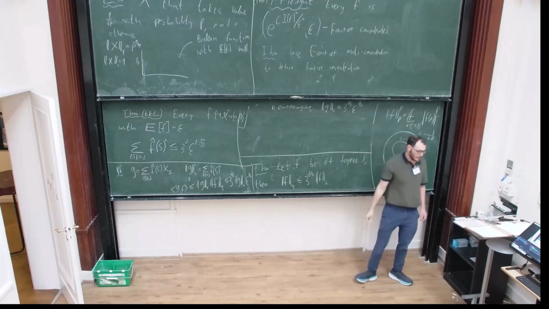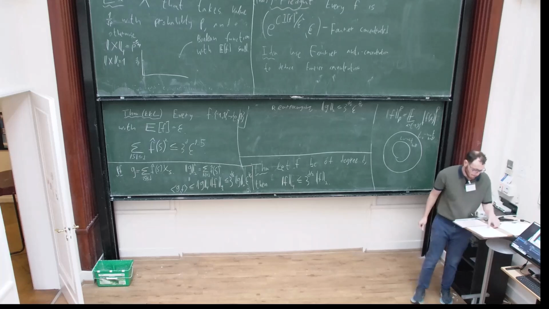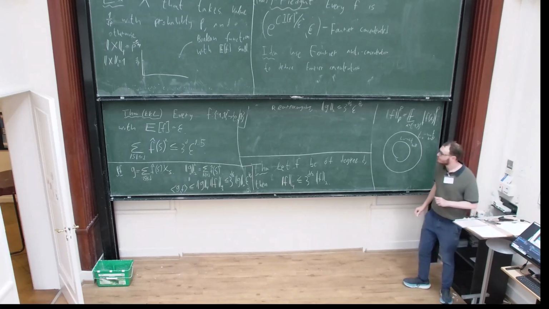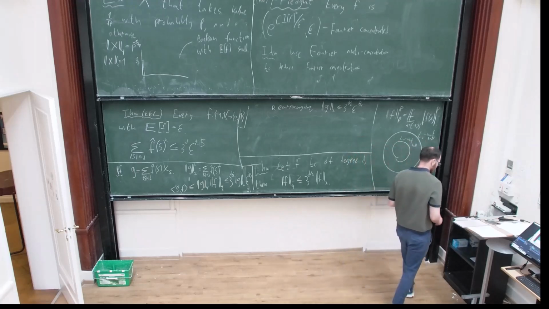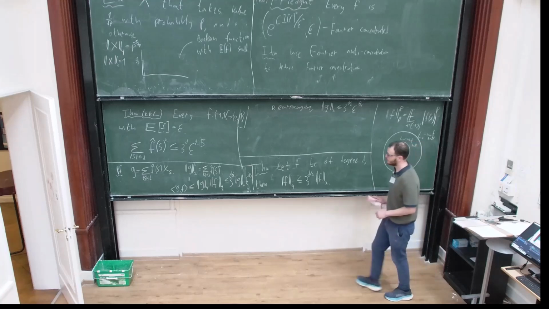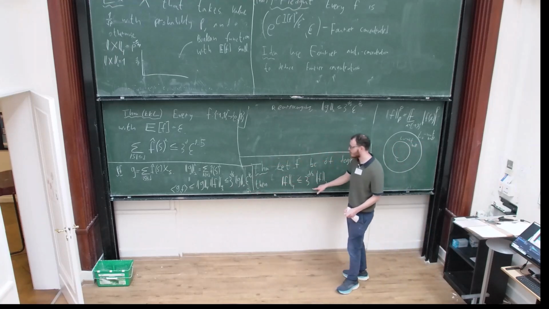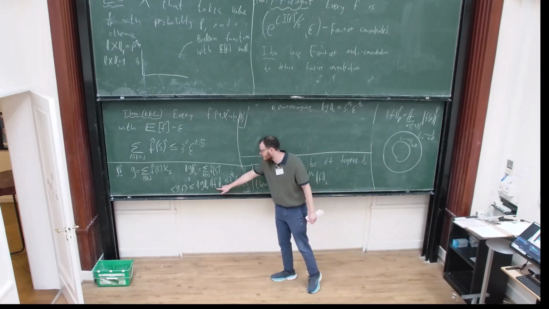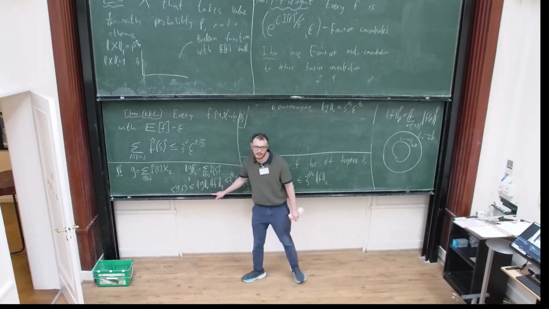So we can take squares and finish it. And here the first inequality is from a previous lemma. This is because f takes value 1 and 0, so we have this. And this is a Hölder inequality.